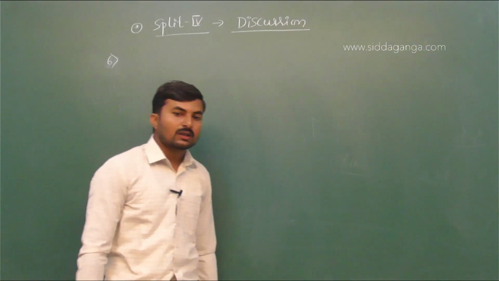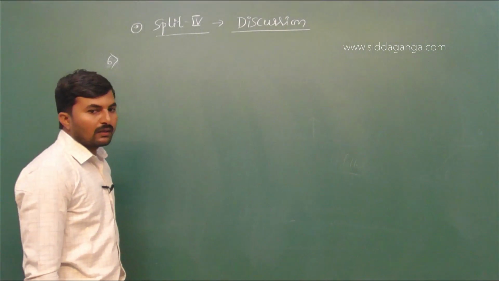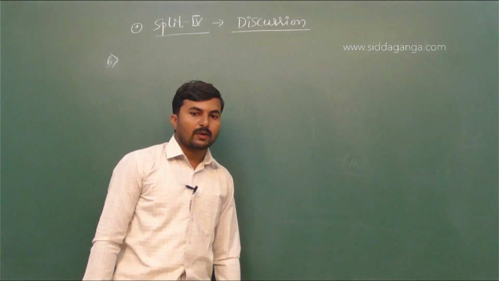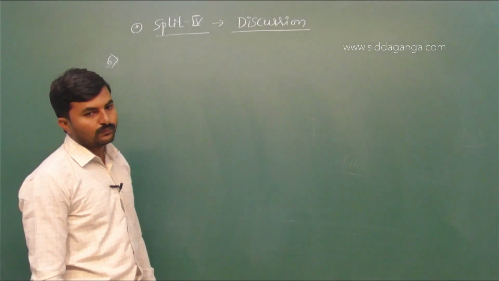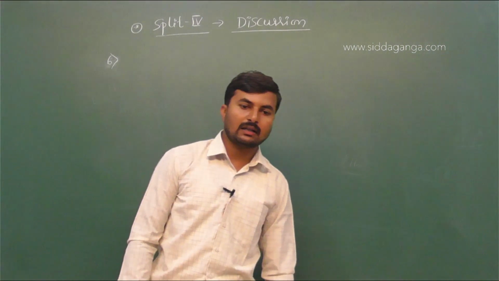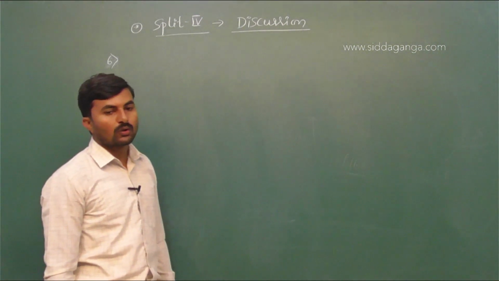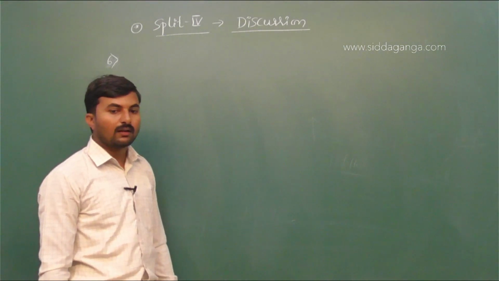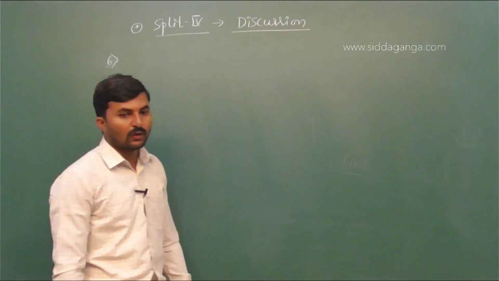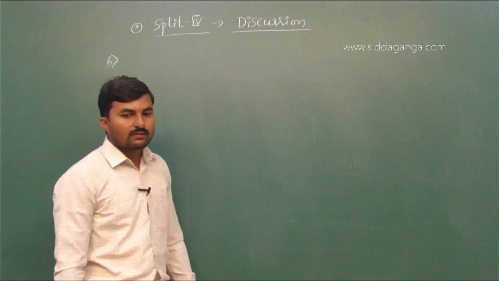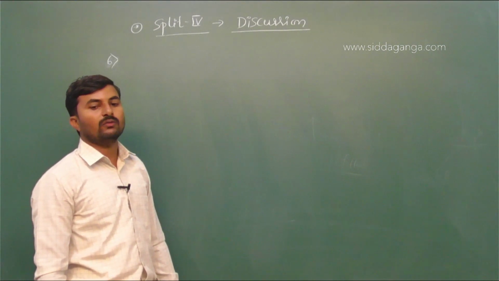Okay, so what are the options they have given here? Less positive across a period and less negative down a group, more positive across a period and less positive down a group, more negative across a period and less negative down a group, followed by more positive across a period and less negative down a group.